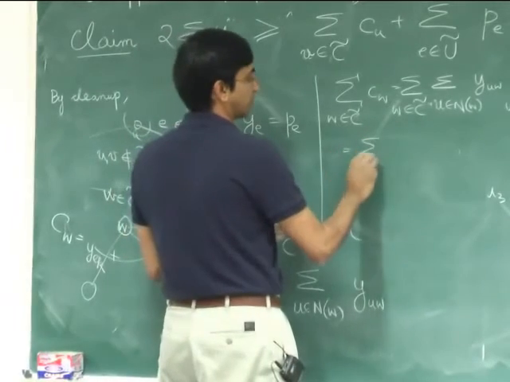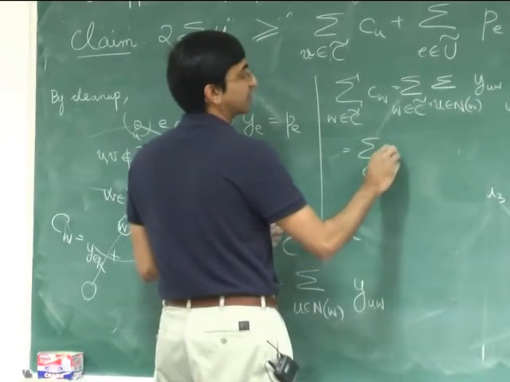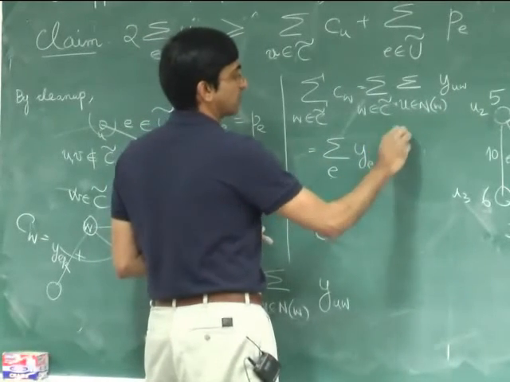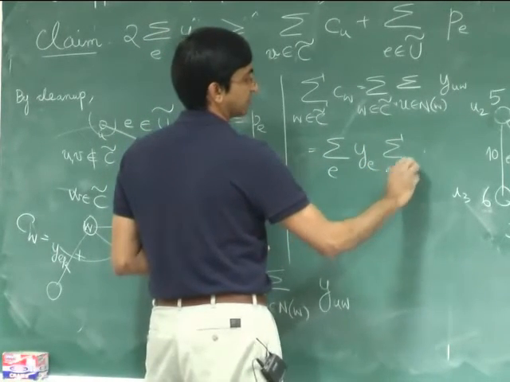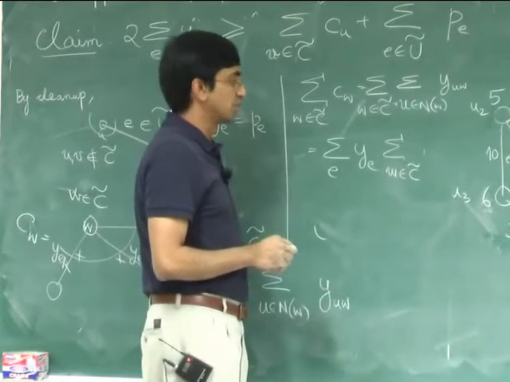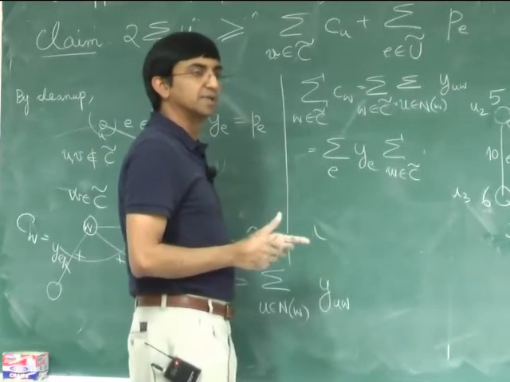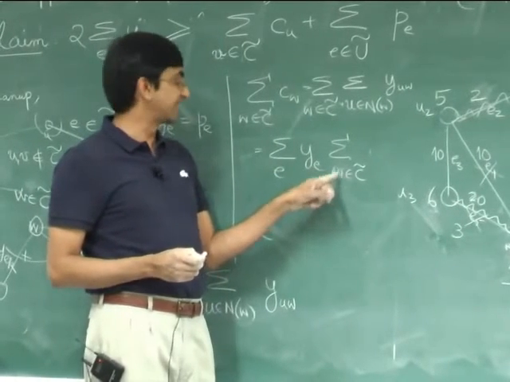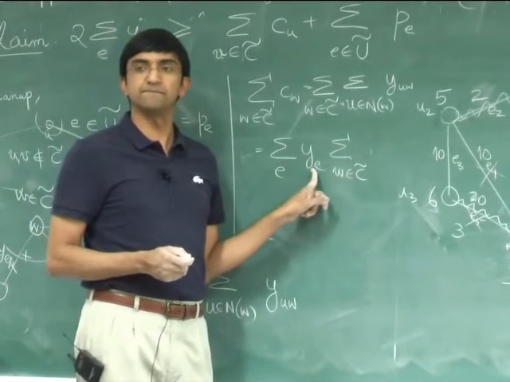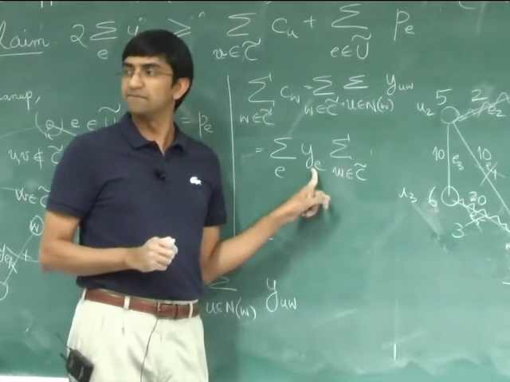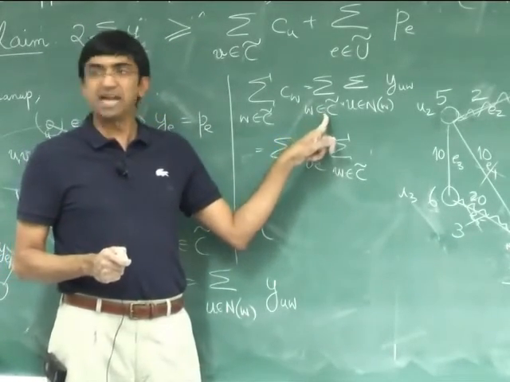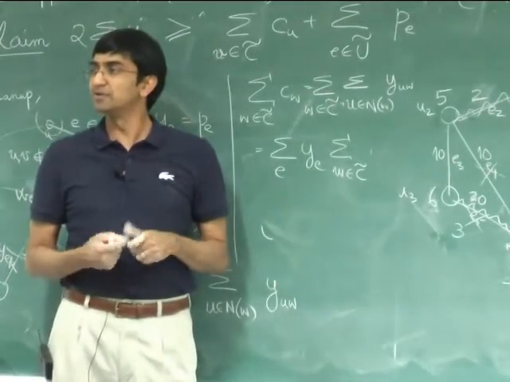This is equal to the sum over all the edges of Y E times the sum over all the nodes in C tilde of whether that node is an endpoint of E. If that node is an endpoint of E, I have to pay Y UW.